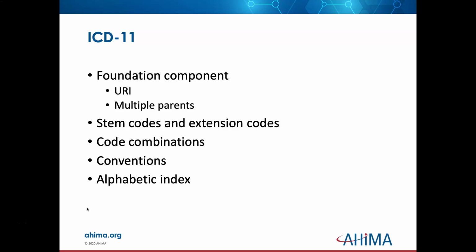It must be used with it. You can't use an extension code without a stem code, but you can use a stem code without an extension code. And they use a forward slash or an ampersand when they're looking at codes that belong together.